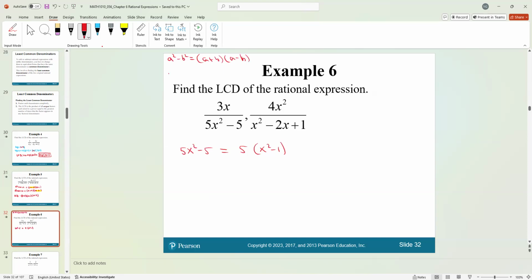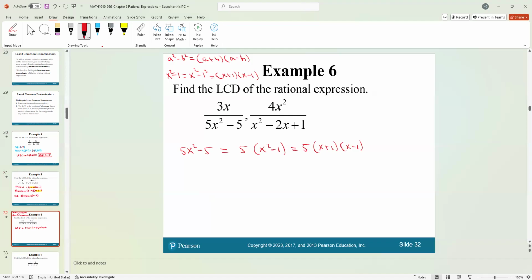When I see x squared minus 1, for me it is like x squared minus 1 squared, which I know would be x plus 1 times x minus 1. Remember, we must factor completely. It's like rewriting your expressions with only prime factors, so prime factorization.